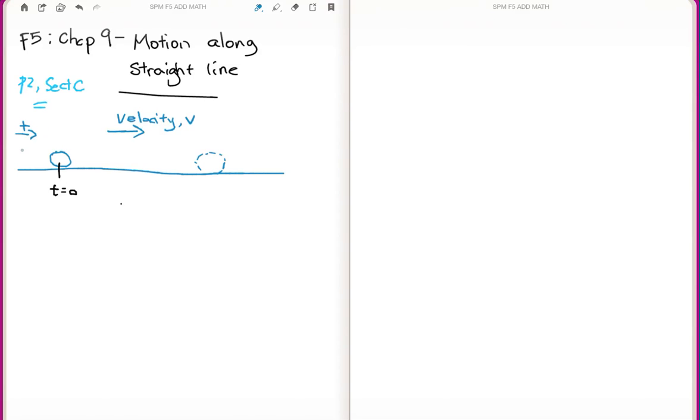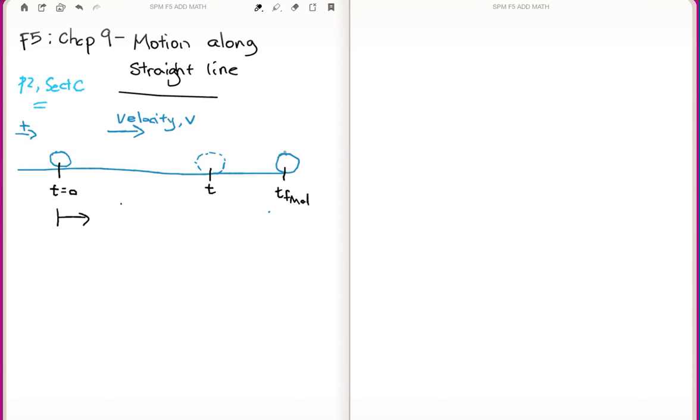T seconds later it is here, meaning it progresses from here to there. And then after a certain amount of time later, at t final, it stops here, meaning it decelerates. So the acceleration becomes 0.